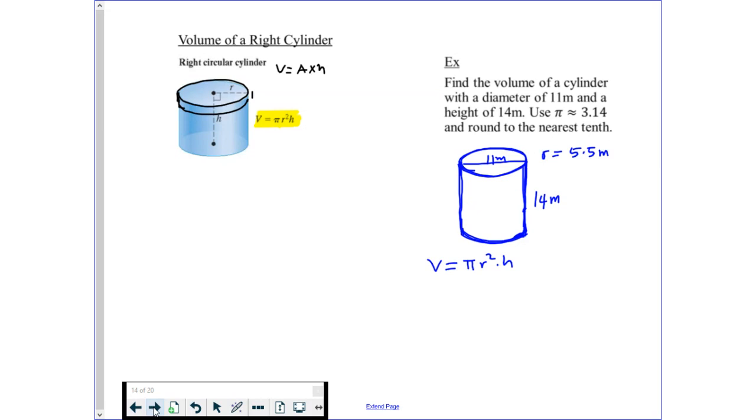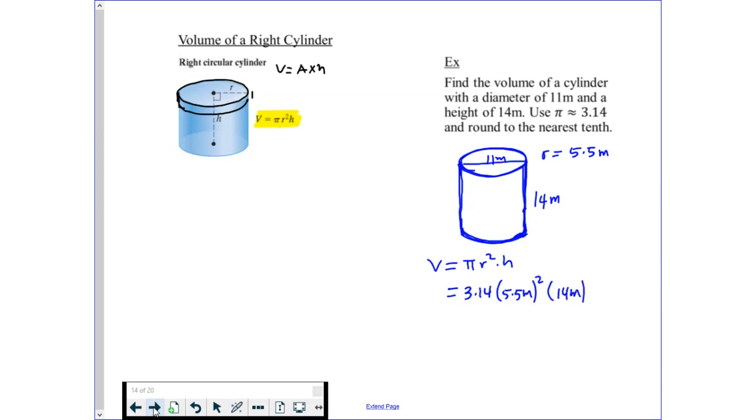Excellent. So it says to the nearest tens, that means the first digit. Very good. So you have 3.14 times 5.5 meters squared times the height, which is 14.